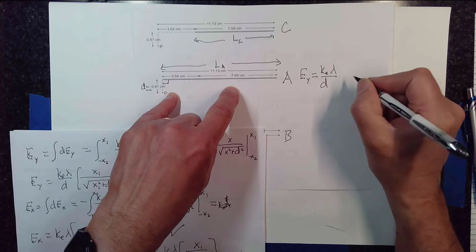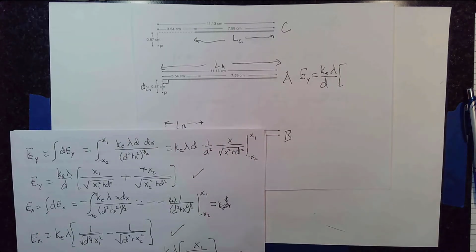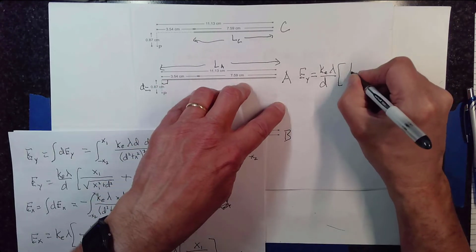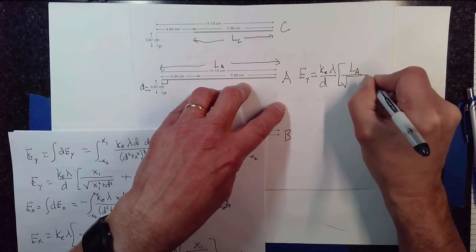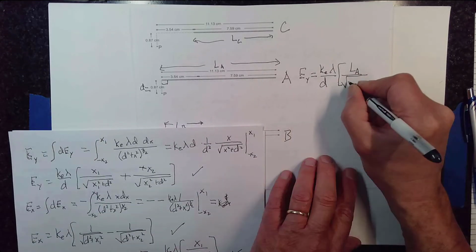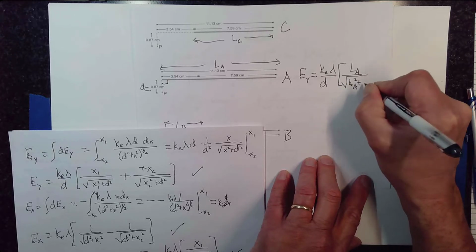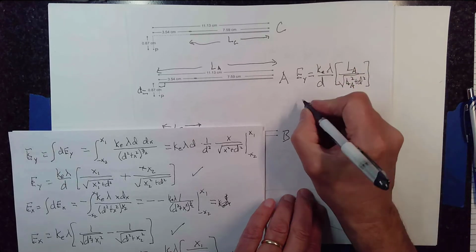Okay, we're good on that. And then the length of the rod is not x1 in this situation, it's L sub a. So I'll have L sub a divided by the square root of L sub a squared plus d squared. And there's my y component of the electric field.